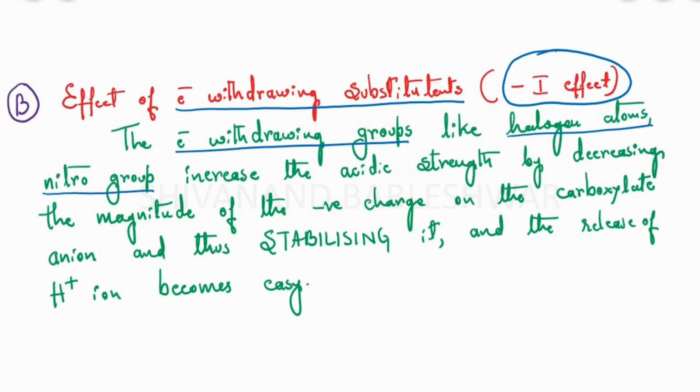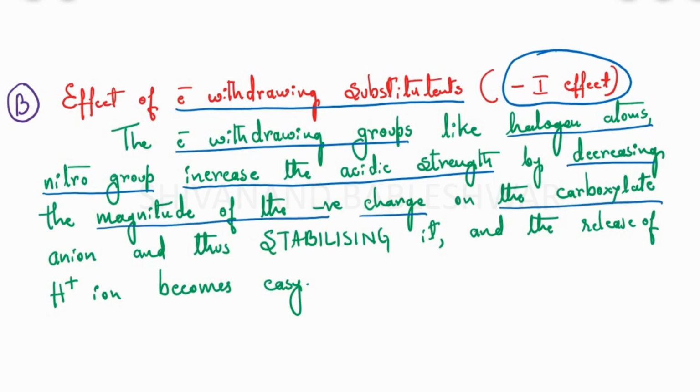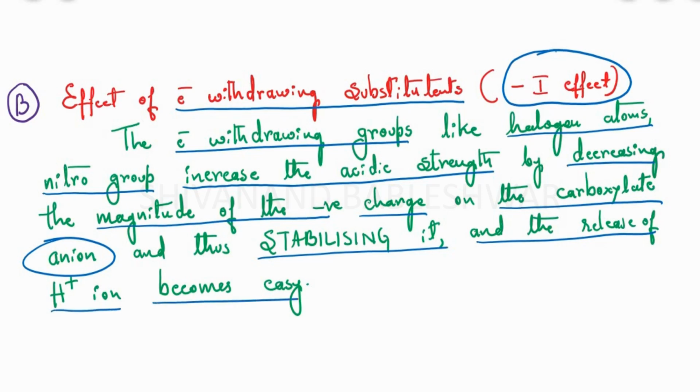When they withdraw electrons, they increase the acidic strength by decreasing the magnitude of negative charge on the carboxylate anion and stabilizing it. Therefore the release of H plus ion becomes very easy.